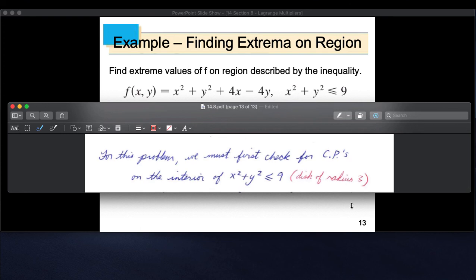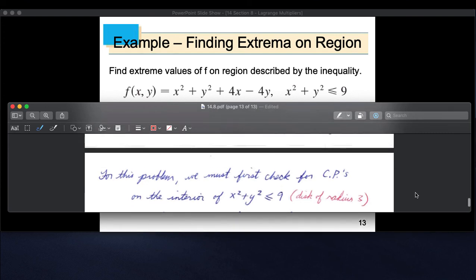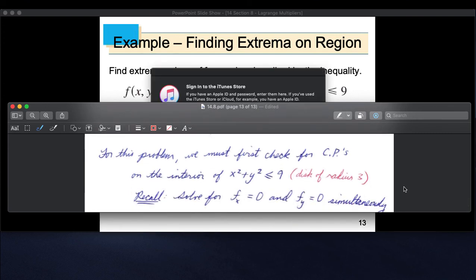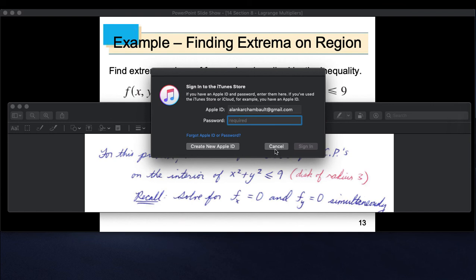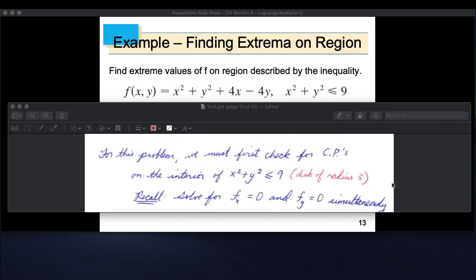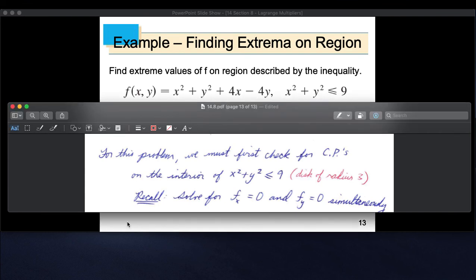We're going to find the partials with respect to x and with respect to y, and solve for them by setting them equal to 0 and solving them simultaneously. And again, I'm saying recall here, so I'm hoping that most of us know exactly how to do that and what I'm talking about here. We've done this several times already.